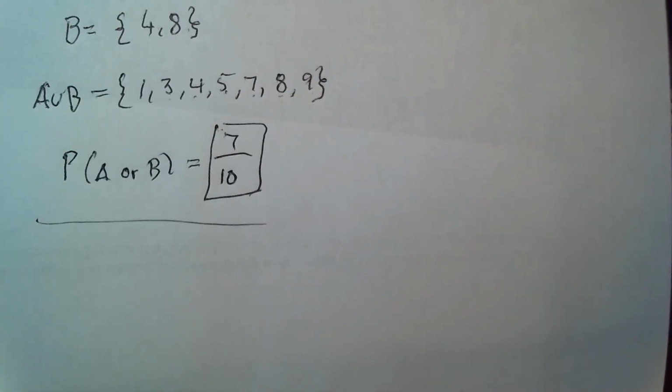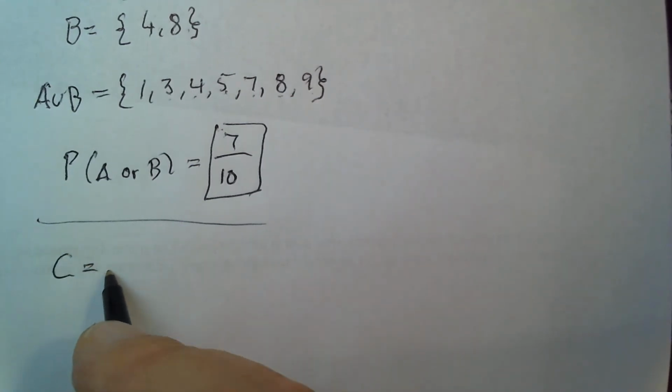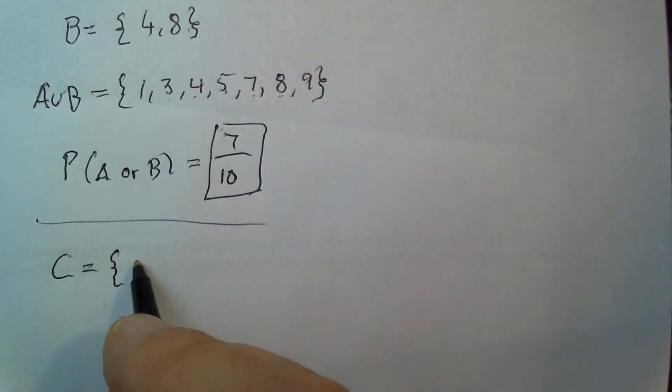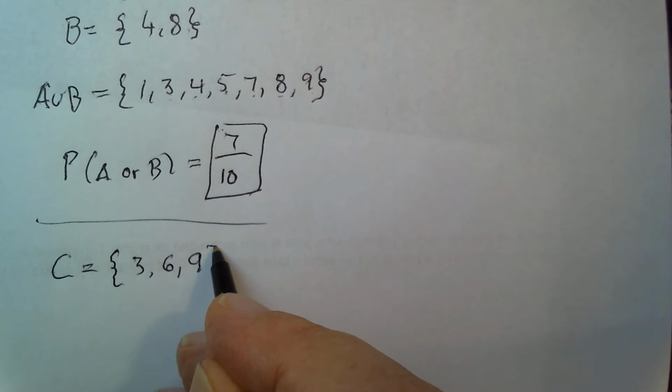The second question is, find the probability if the number is odd or a multiple of 3. So let's identify set C as the multiples of 3. That, of course, would be 3, 6, and 9.